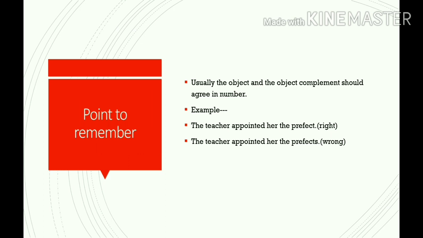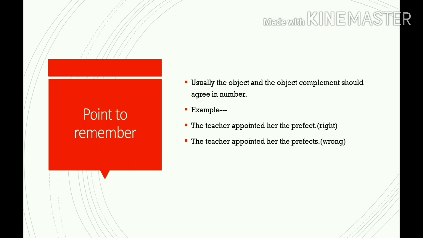But if you observe the second sentence, the teacher appointed her the prefects. You can clearly understand that here her, the object, is in singular form, but the complement for this object is in plural form. So it will be wrong.